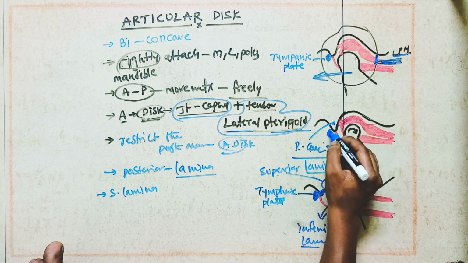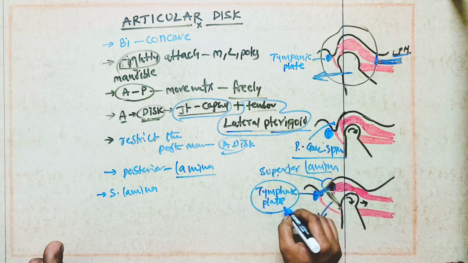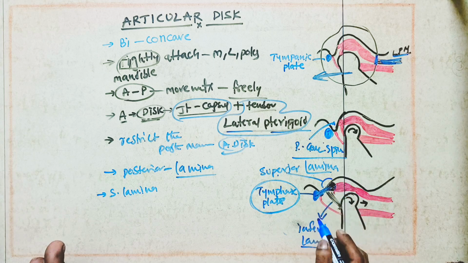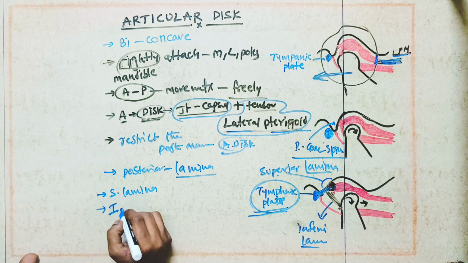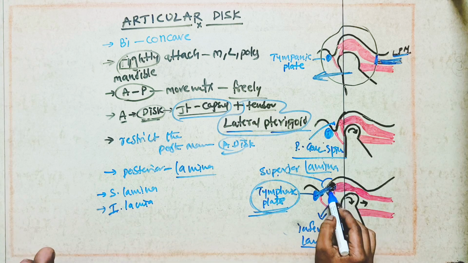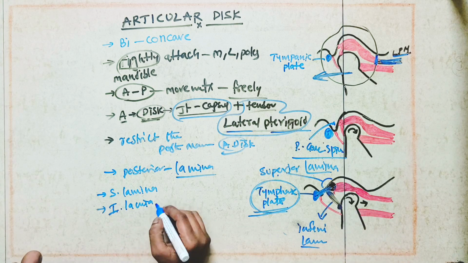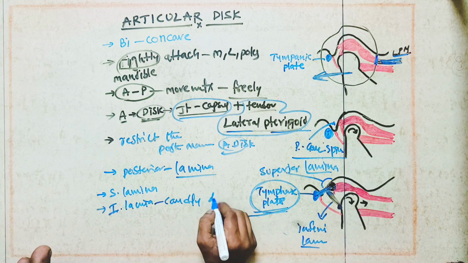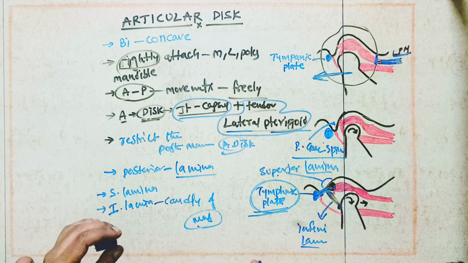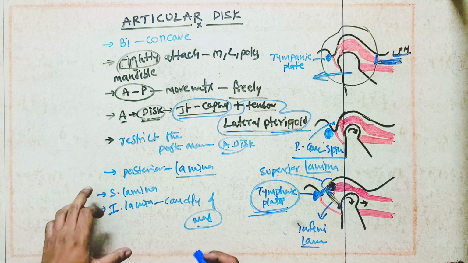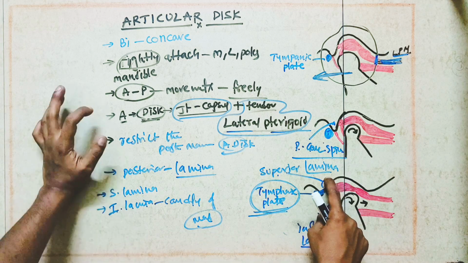Just behind this posterior glenoid spine, we will be having the tympanic plate. The superior lamina attaches to the tympanic plate. Now the inferior lamina, which is present here, will attach to the condyle of the mandible. So these are the connections of the articular disc: superior connection, inferior connection posteriorly, and anteriorly.